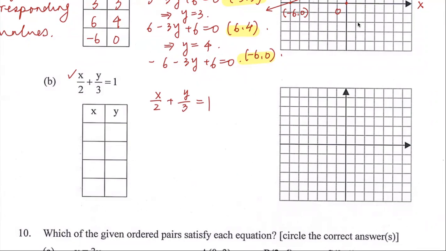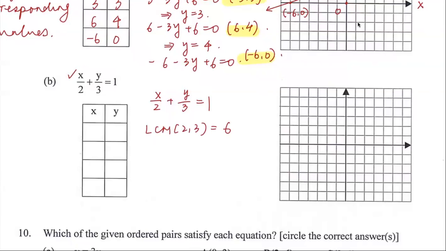So the technique here is we multiply the least common multiple of the two denominators on both sides of the equation, so we can get rid of the denominator, okay? So 2 and 3, the least common multiple of 2 and 3 is equal to 6, okay?